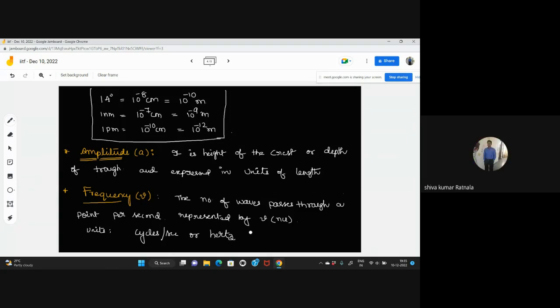Actually, one wave means crest and trough together. That is one wave. See, this is one wave. One crest and trough together is a wave. So how many such waves pass through?